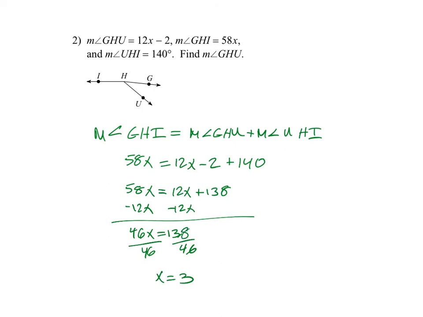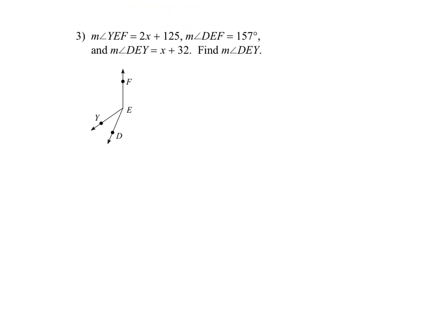Perfect. So now I want to find angle GHU. Angle GHU is 12x. So the measure of angle GHU equals 12 times 3 minus 2. So 36 minus 2 equals 34 degrees. Now, the last one.